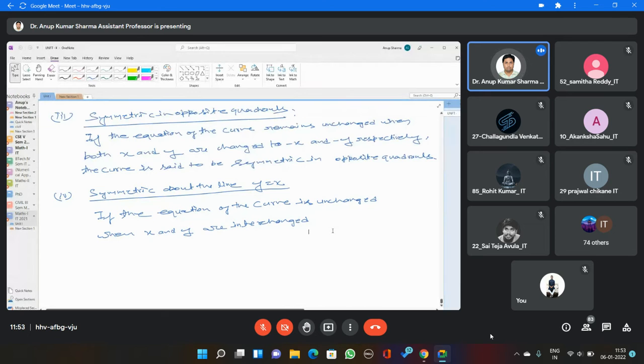Next, it's symmetrical about the line y is equal to minus x.